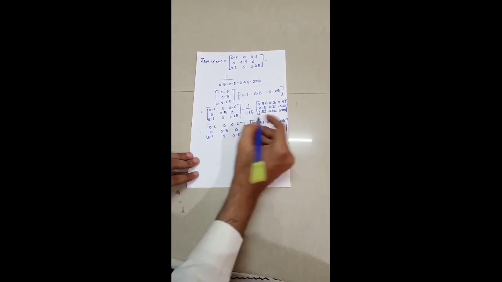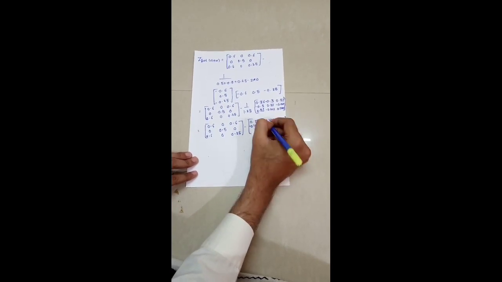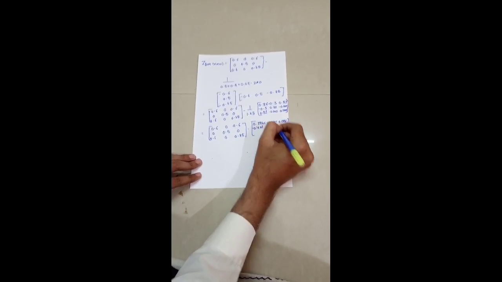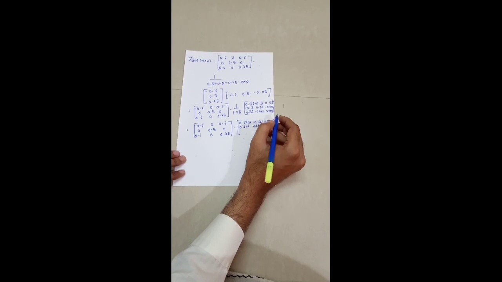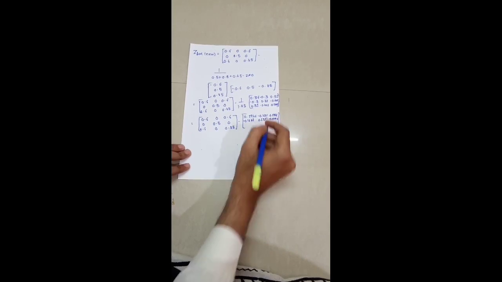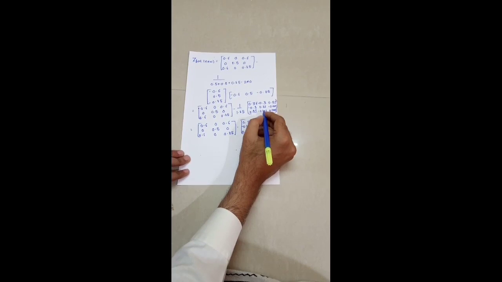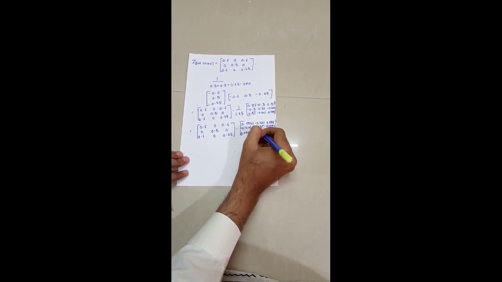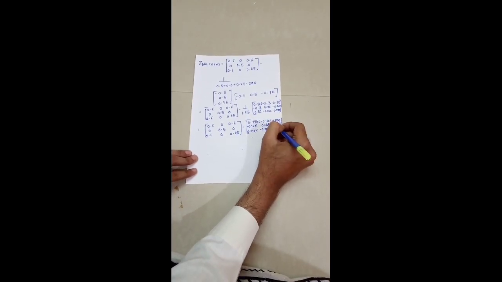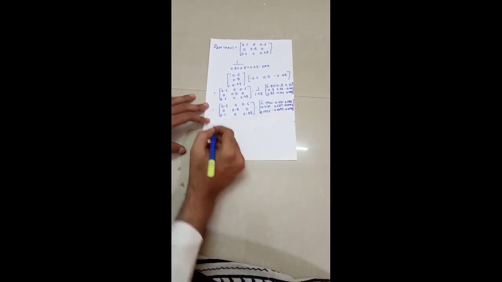Similarly, minus 0.1621, 0.25 divided by 1.85 is 0.1351, and minus 0.425 divided by 1.85 is minus 0.2297. Similarly 0.51 divided by 1.85 is 0.2756, minus 0.2297, and 0.7225 divided by 1.85 is 0.3905. And thus this matrix minus this matrix.